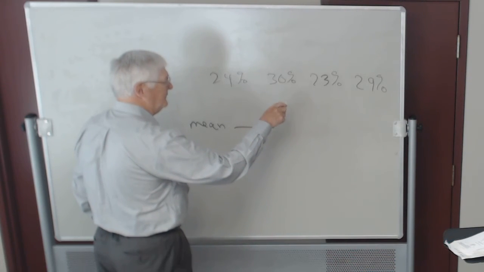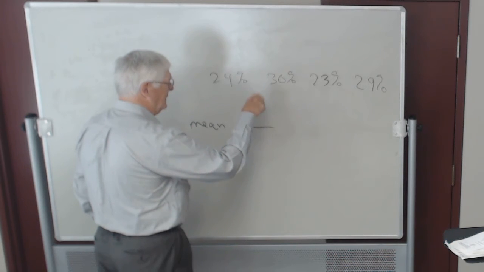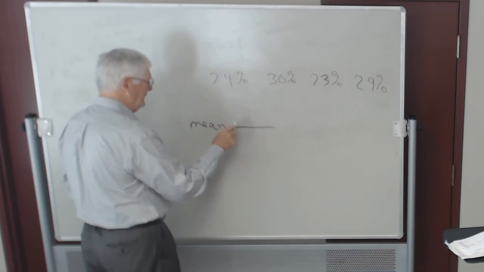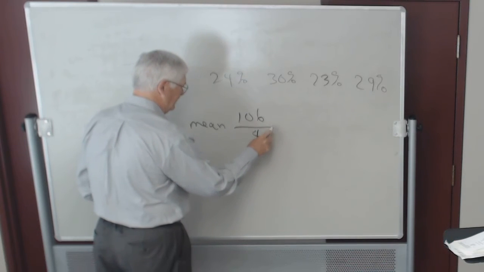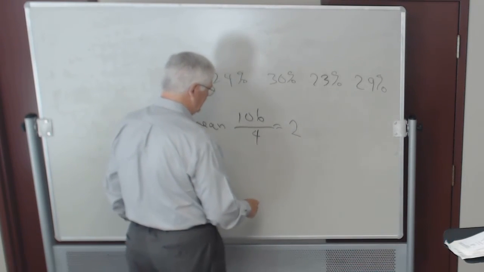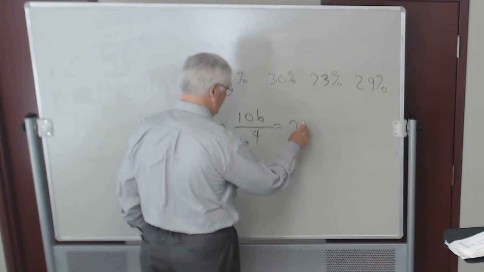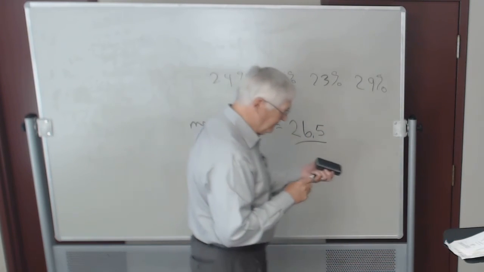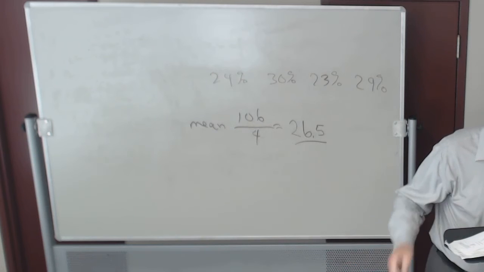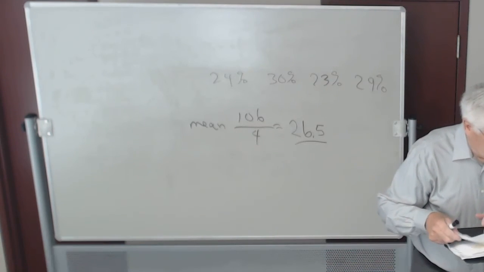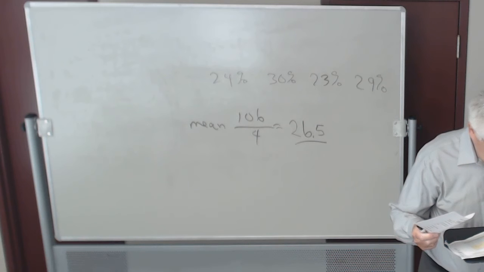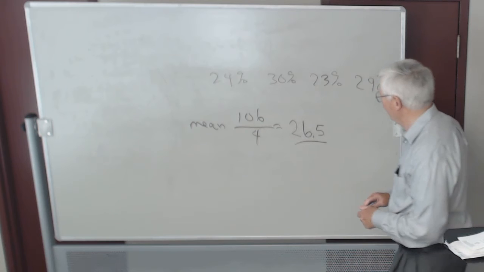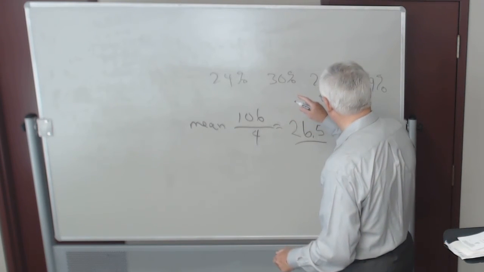So 52, 82, 106, divided by 4. 4 sixes is 24, so 26.5 would be the mean. And the median would be 24.